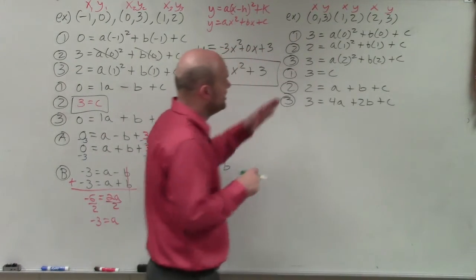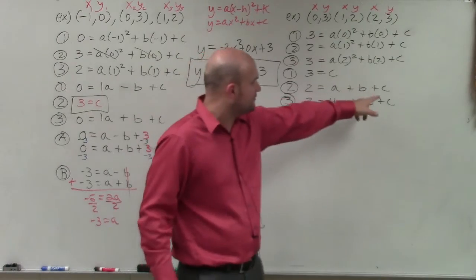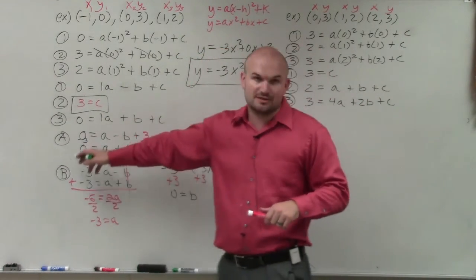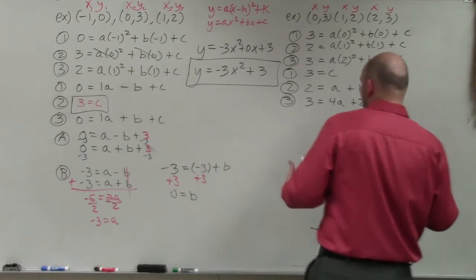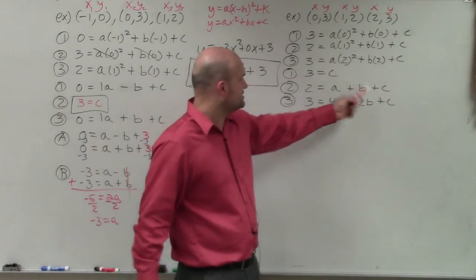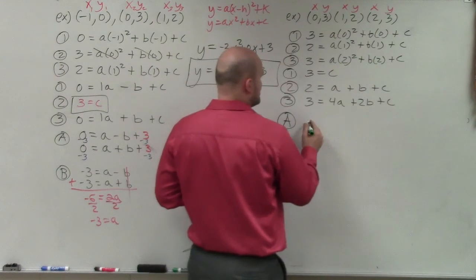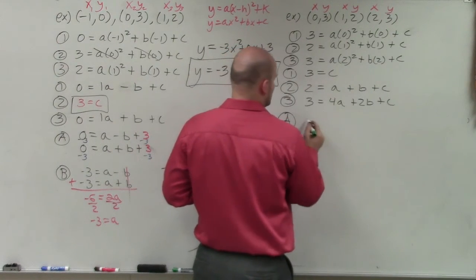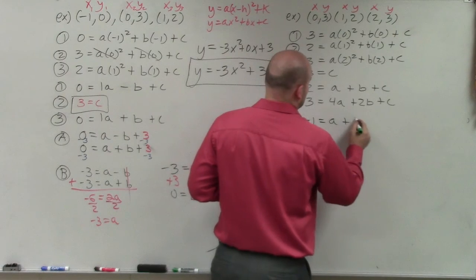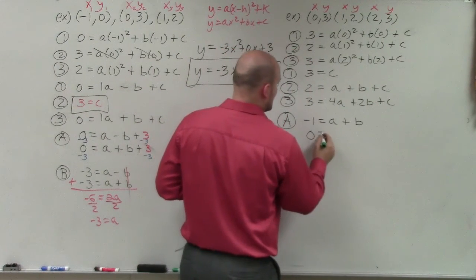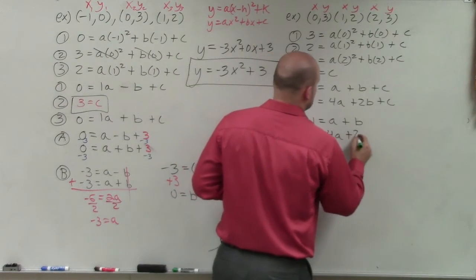When I plug 3 in for c, I'm going to do the same thing I did before, and subtract the 3 on both sides. That gives a new system of equations: 3 minus 3 is negative 1 equals a plus b, and then 3 minus 3 is 0 equals 4a plus 2b.